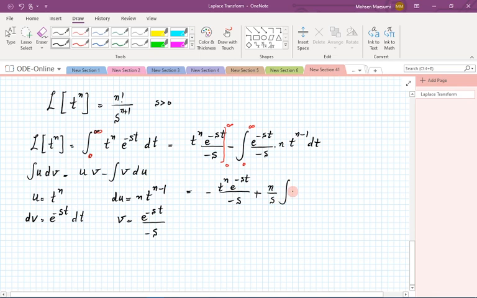And then I have exponential of minus st, t to the power of n minus 1, dt, except that I have to have these integral limits. A formula like this, going from power n to power n minus 1, in calculus you refer to as a reduction formula. You're reducing the exponent.